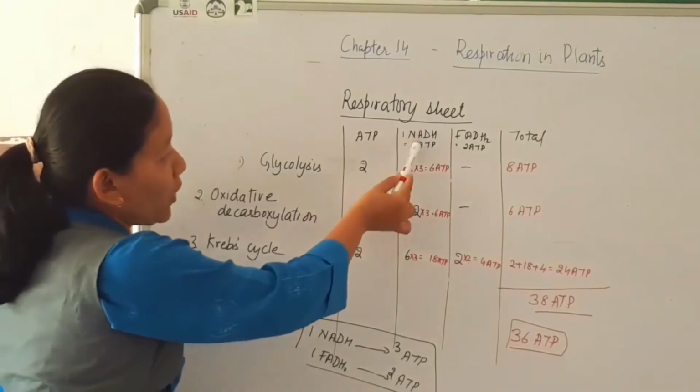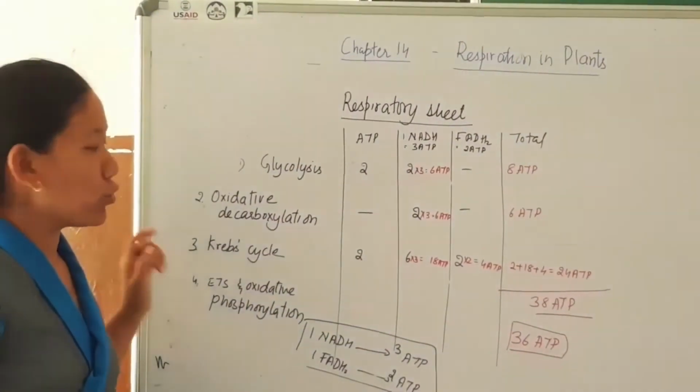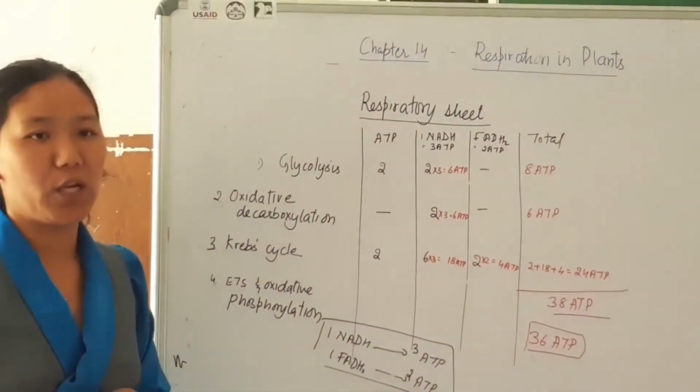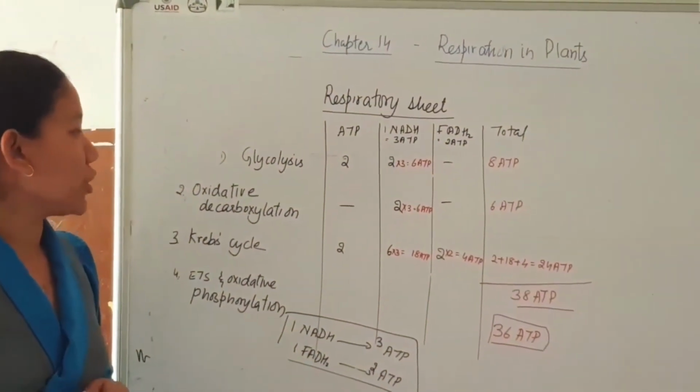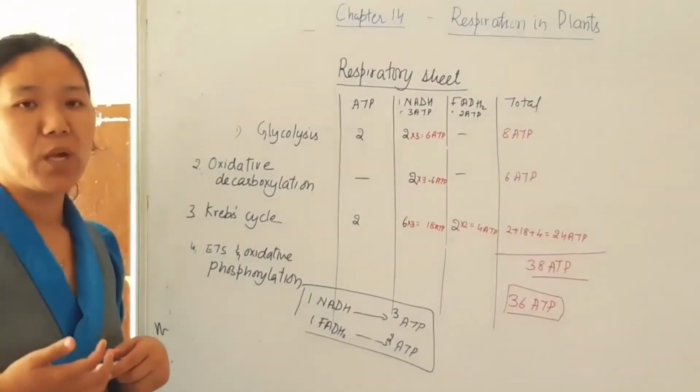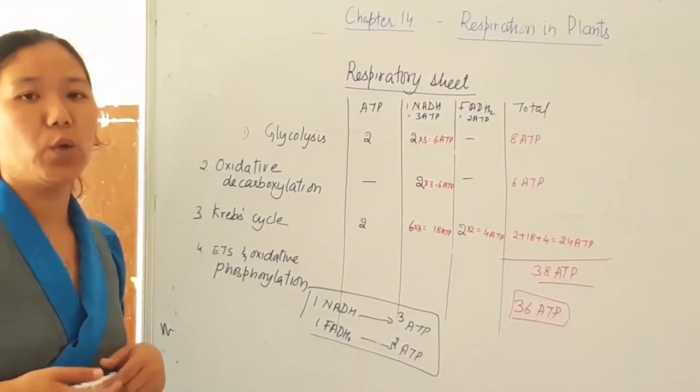So there are 2 NADH, so 1 ATP each, so you have to subtract 2 ATP from here, giving rise to 36 ATP. So this is the balance sheet of the respiratory energy per glucose.